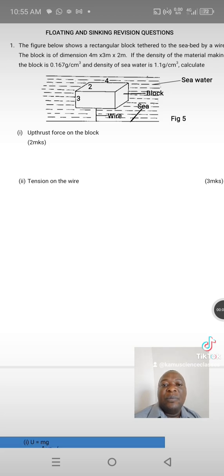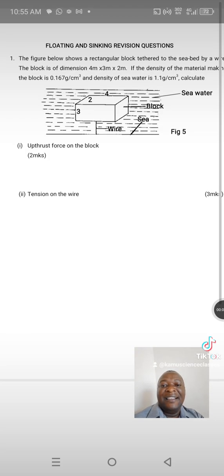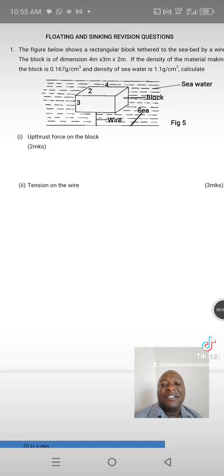So multiplying the density and the volume of the block, we get the mass of the block. Then to find the weight of the block, we take the mass of the block times the acceleration due to gravity. So in this case, it's going to be 24 cubic meters times 167 kilograms per cubic meter times 10. Then that gives us the weight of the block.